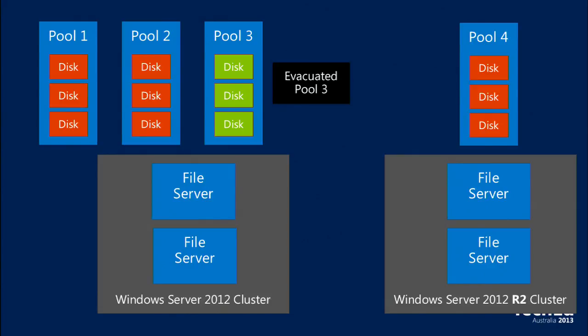The other one we've seen, and this one was really nasty, is some of the SANs with their thin provisioning will only shrink a thin provisioned volume down to the last used sector. So if you storage migrate out a VM that's in the middle of the disk, it doesn't make a difference. So I would just give a word of caution there.